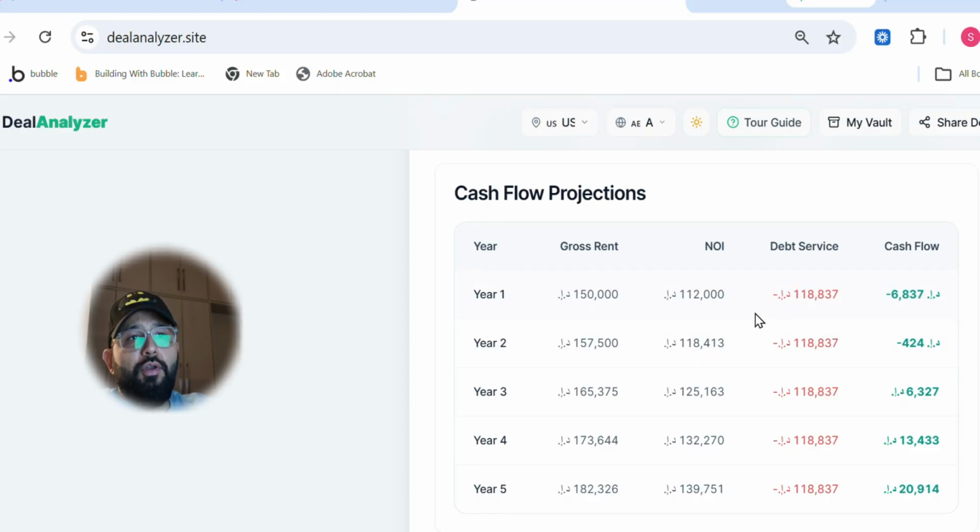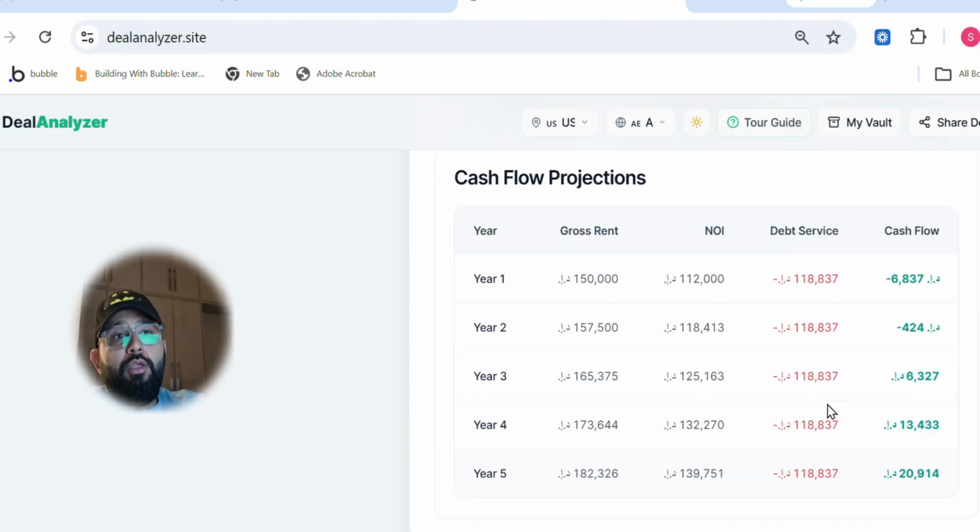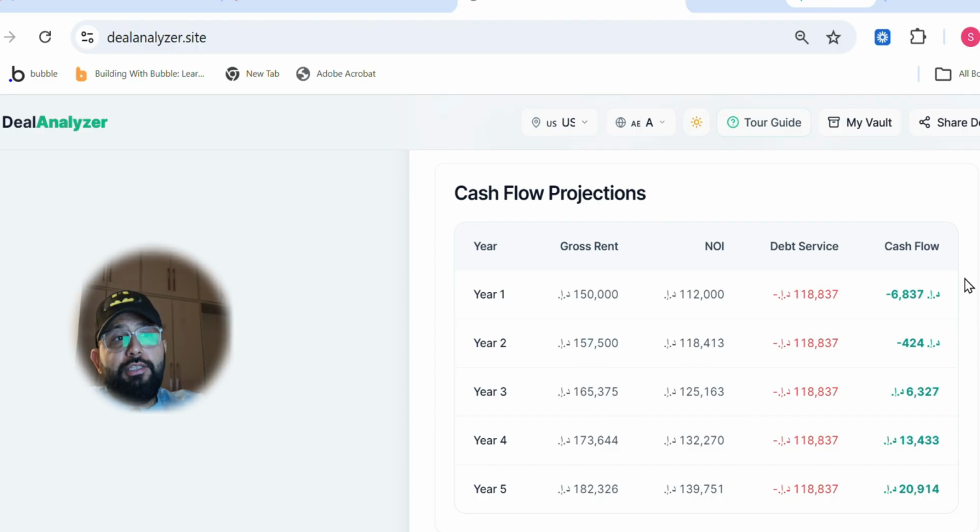You have to understand this: when your debt service, basically your mortgage payment to the bank, is higher than your net operating income, the income produced by renting out the property, it means you have negative cash flow, so you have to pay 6,800 dirhams from your own pocket. Similarly, it has calculated that rent increases 5% every year.